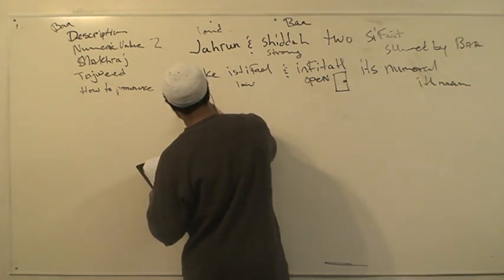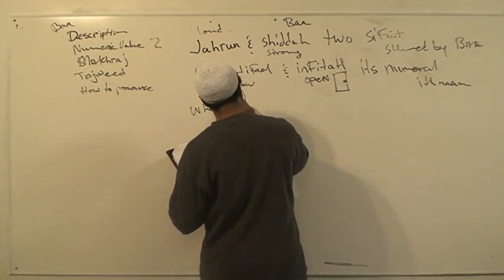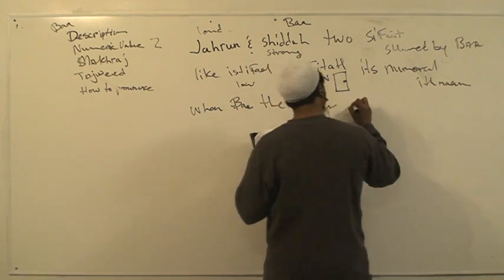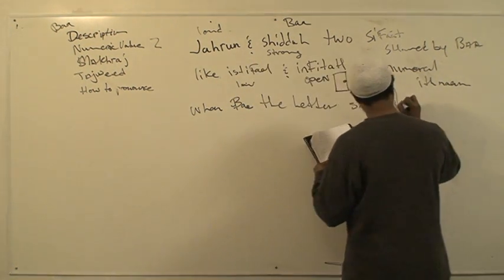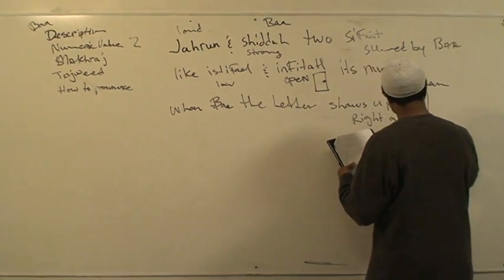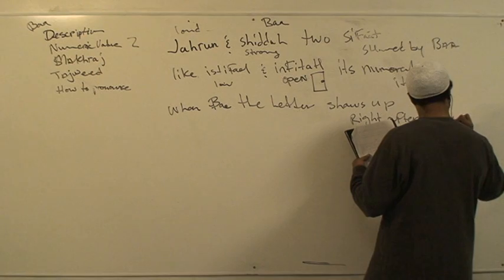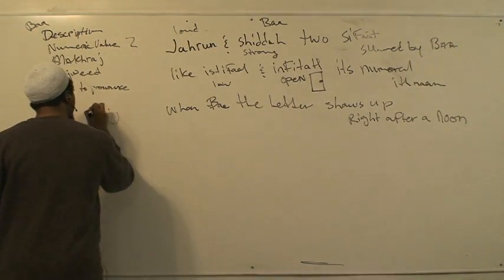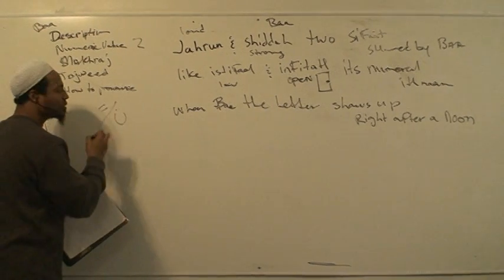So then it says, what do you call it? When ba the letter, everybody follow me, when ba the letter shows up right after a noon. Now it's talking about a noon like this or a noon with tanween. Do you know the difference?